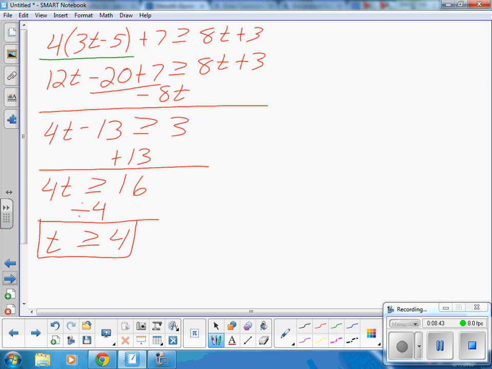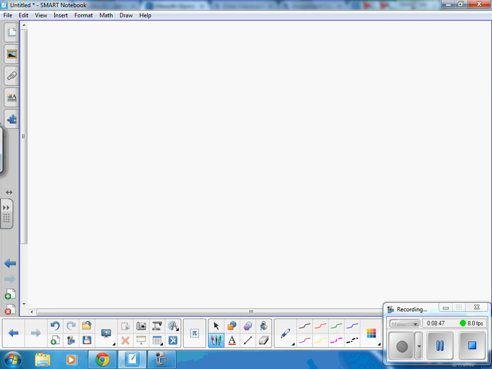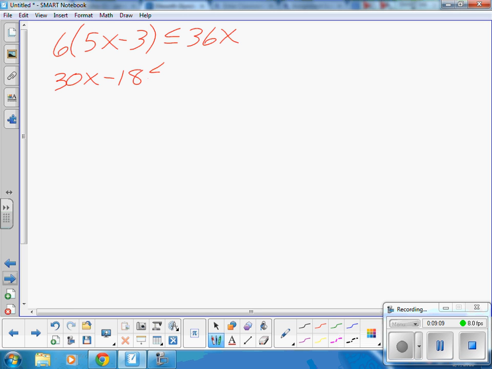All right, you try this one now. 6 times the quantity 5x minus 3, less than or equal to 36x. Go ahead. Distributive property first, so that's 30x minus 18, less than or equal to 36x.